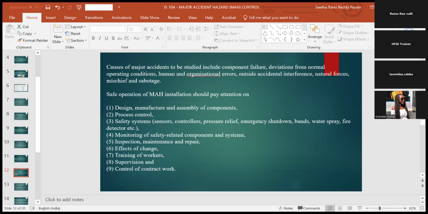Then training of the workers. Whoever is involved in these processes or in the MH installations should be well trained about the hazards associated with their activity. Then supervision and control of contract works.